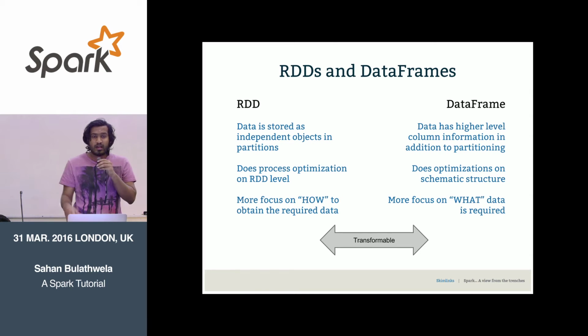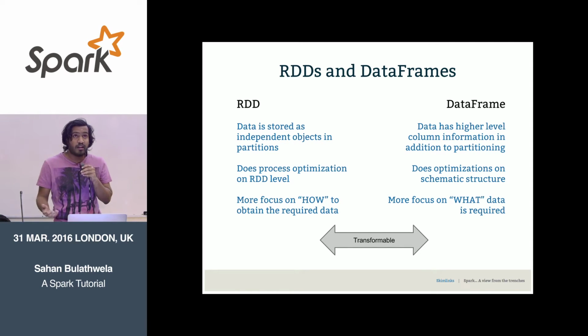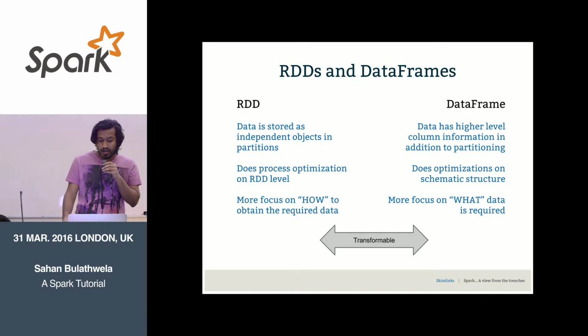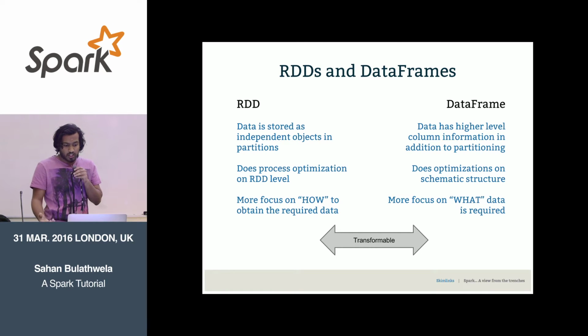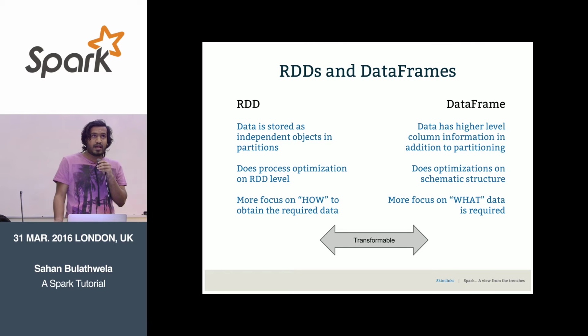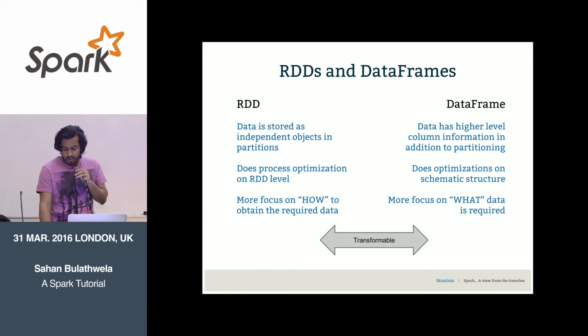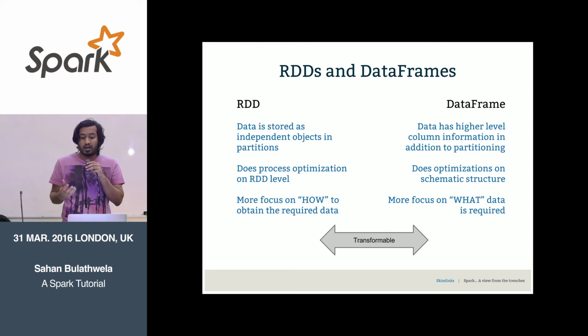Before we dive into the API code examples, let's find out the key differences between the RDDs and the data frames. In a nutshell, data frames have schema and RDDs don't. What that means is that when you take a data frame, Spark is aware of the underlying schema that the data frame carries.